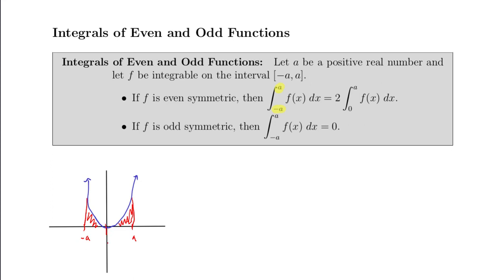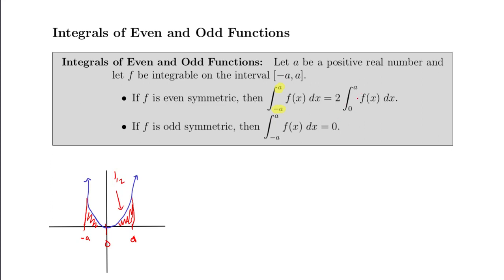Clearly they have the same width. They're going from 0 up to a or from negative a up to 0. But that's a width of a, whatever that value is. And they're going to clearly have the same kinds of heights at all the points because of this even symmetry. And so hopefully we can see that this is just half of the total, or you can say the total is 2 times that side. So the integral from negative a to a is equal to twice the integral from 0 to a.